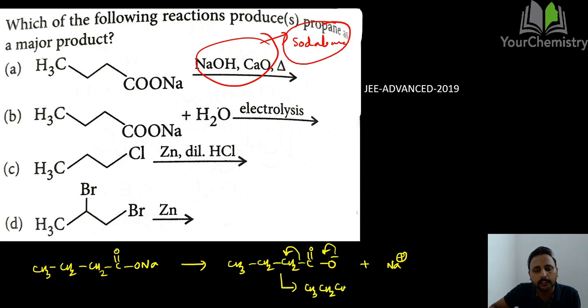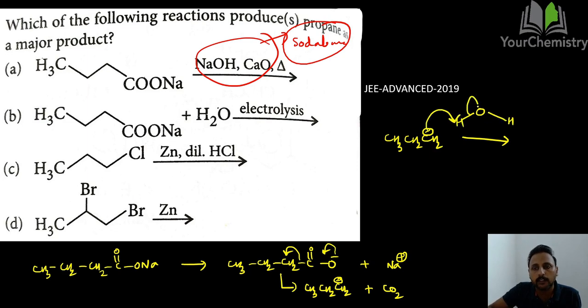CH3CH2 minus plus CO2 is produced. Able to understand? Now in the next step, this is in an aqueous solution, so CH3CH2 minus will abstract an acidic hydrogen from the solution, giving you CH3CH2CH3. What is this? This is propane. That means from option A, I am going to get propane.